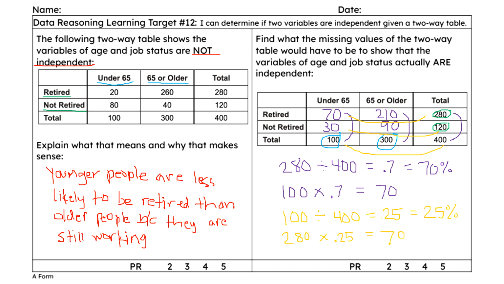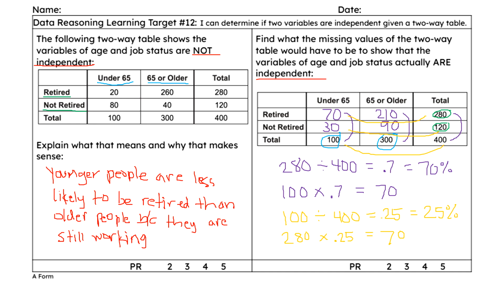It's up to you. All you have to do is focus in on one of those proportions out of the total and figure out one of those 4 empty boxes, and then you're going to get all of the other ones as well. And this is keeping everything proportional to show that things actually are independent now.